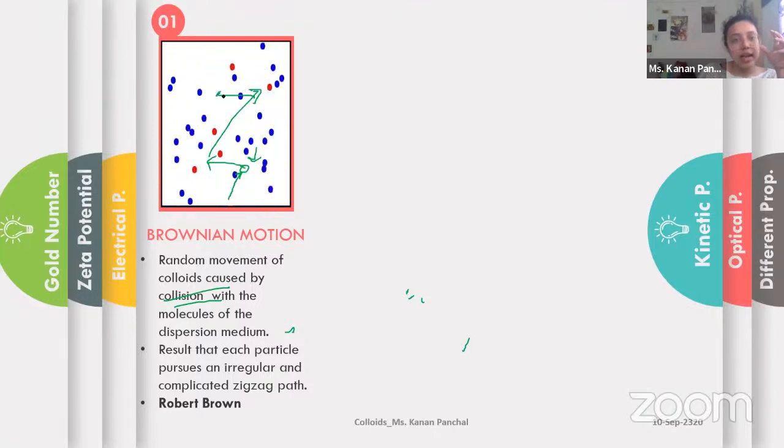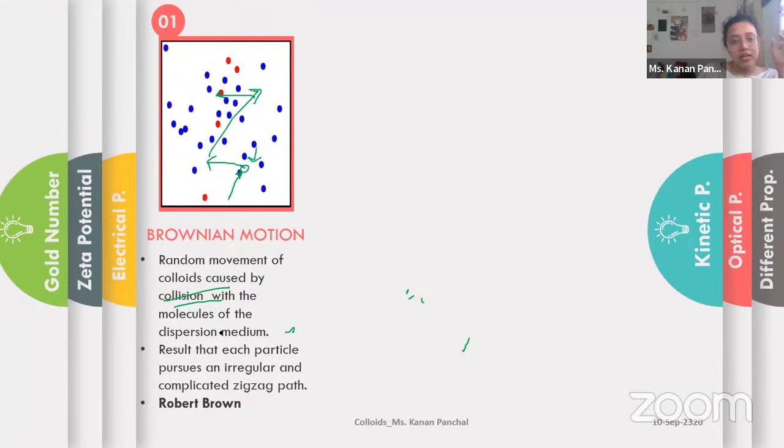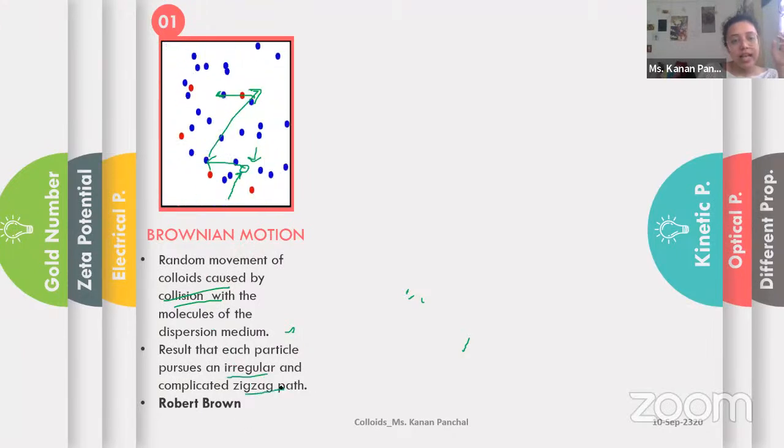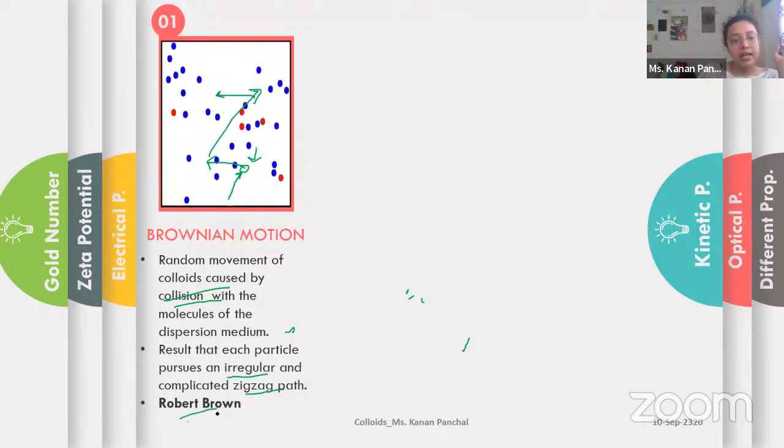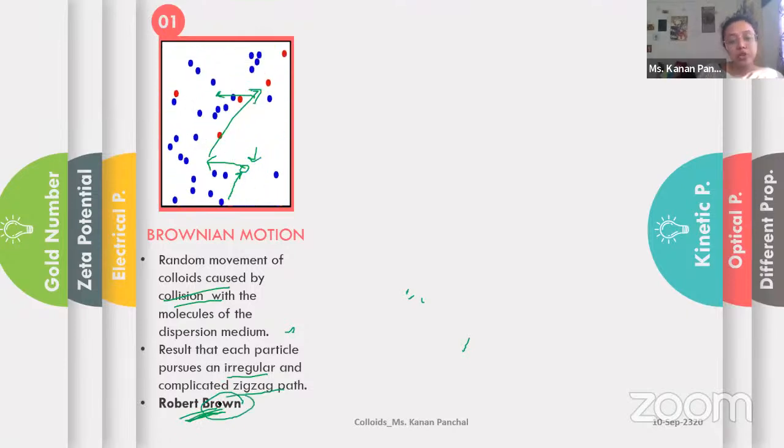So it's literally random. This irregular zigzag path was studied by the scientist Robert Brown, and that is why it is called Brownian motion.